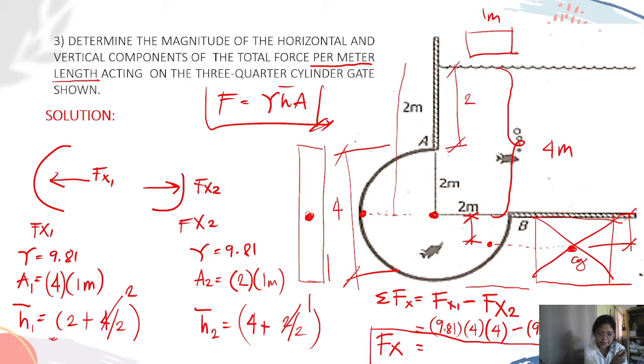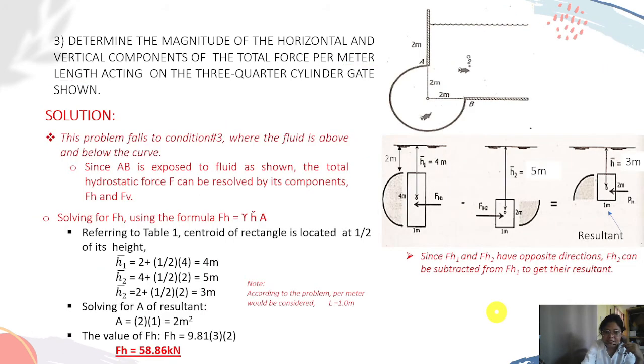Final answer is, I hope you're getting my answer too, that is 58.86 kilonewton. Ganyan lang kadali ang horizontal. Para ka rin naman nagpe-plane surface kasi projected vertically lang naman yung mga force. No? So, 58.86.